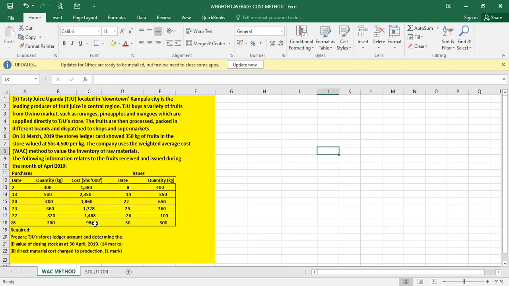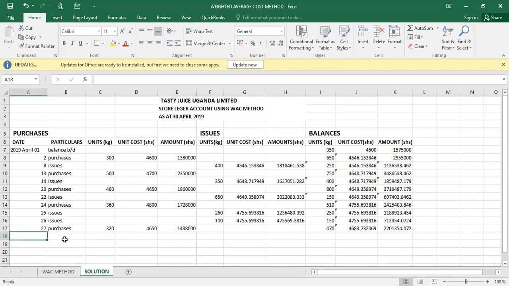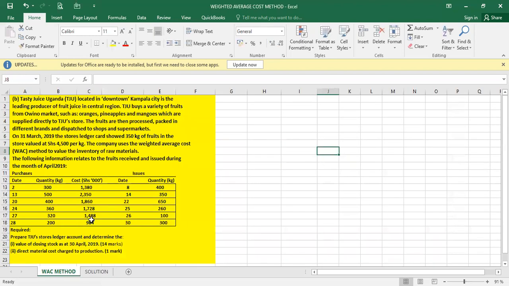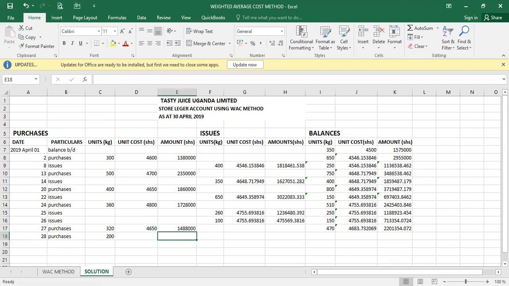The next transaction took place on 28th. On 28th we again made a purchase of 200 units. These are also purchases of 200 units at a value of 984,000.